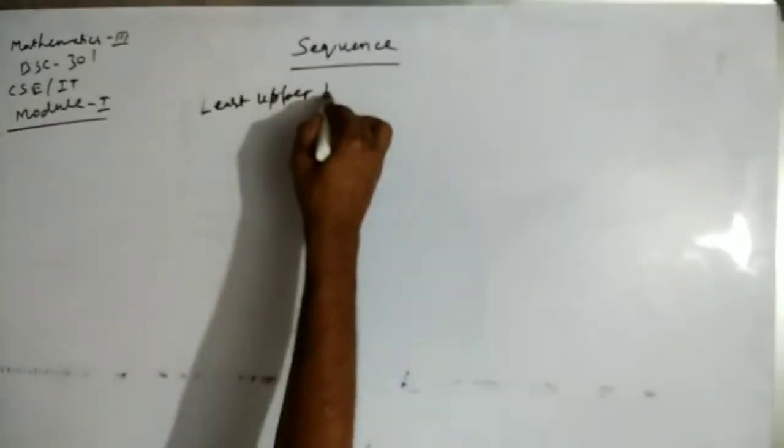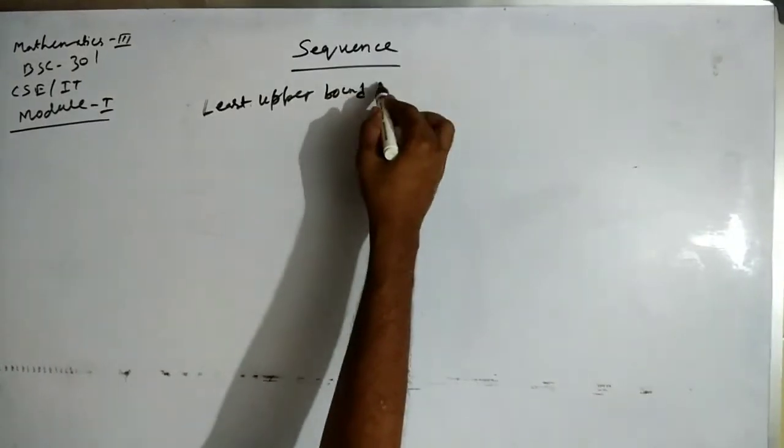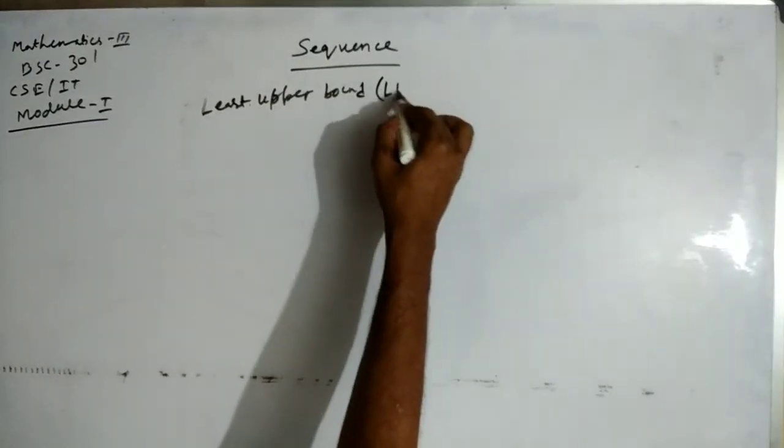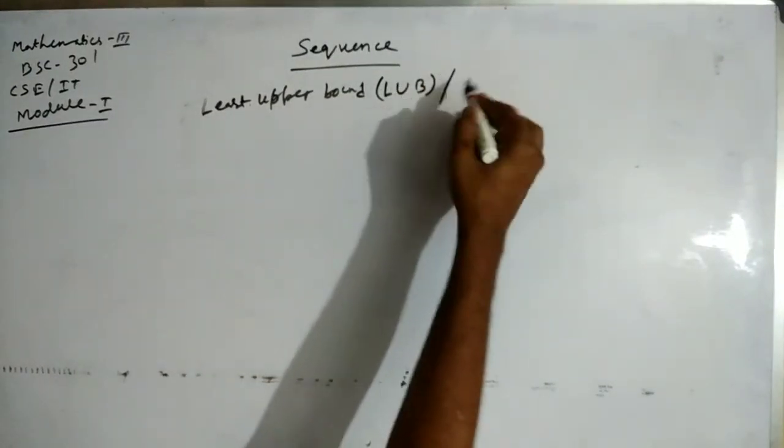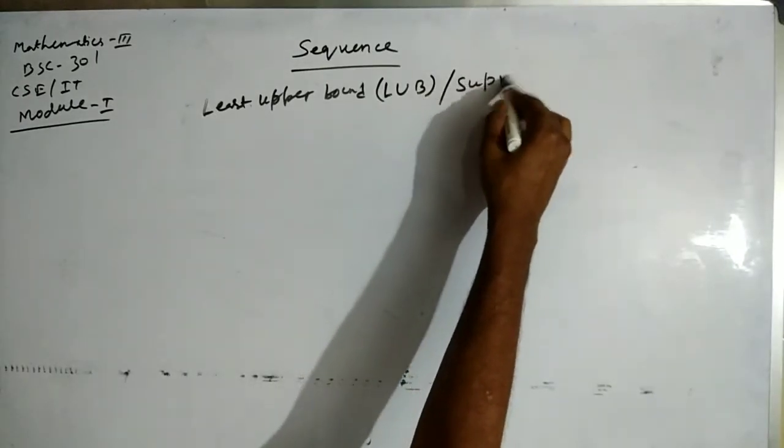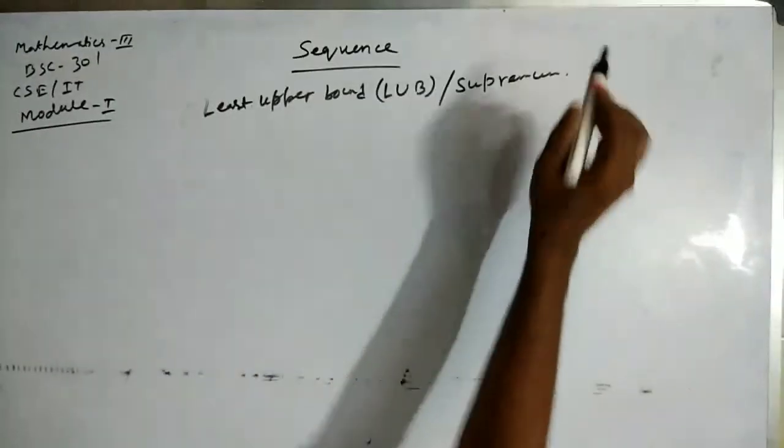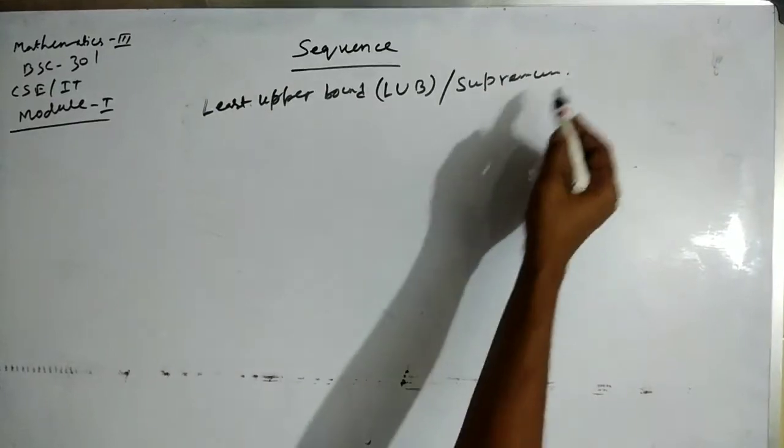Least upper bound is called LUB, or supremum, denoted as sup of Fn.